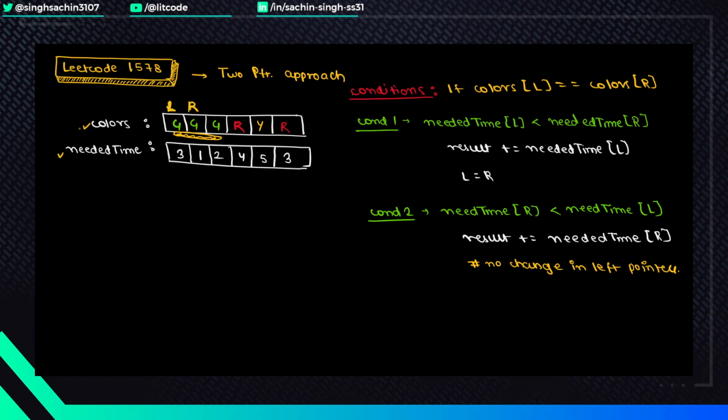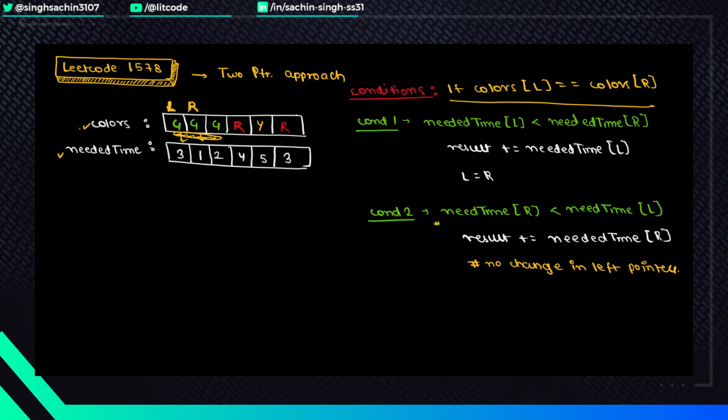For example, this is the statement we're talking about: if color at L equals color at R, then what we will do is check the time needed to remove the element at L or the element at R. In this case, the element at R will take only 1 unit of time, right?